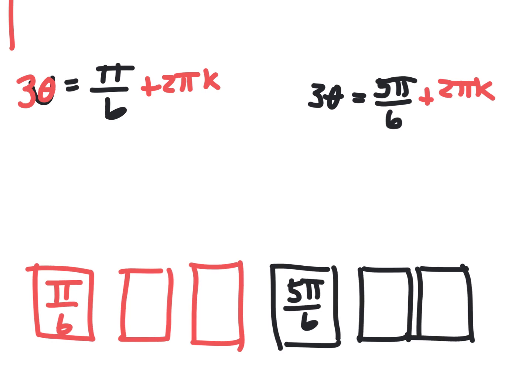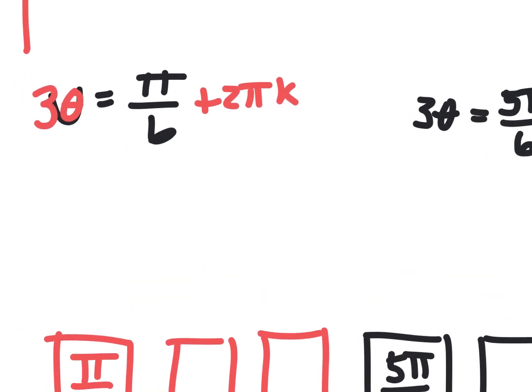Those are going to be your 6 answers. And I'm just going to add 2 pi k over and over again until I get all the answers. But wait, if I actually added 2 pi, it would be bigger than 2 pi? Of course. So why am I not going to add 2 pi? Because I need to do one more thing to get theta alone here.